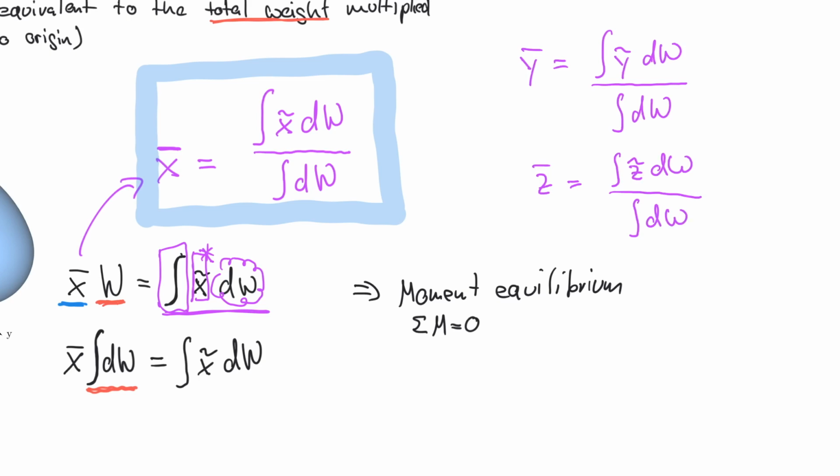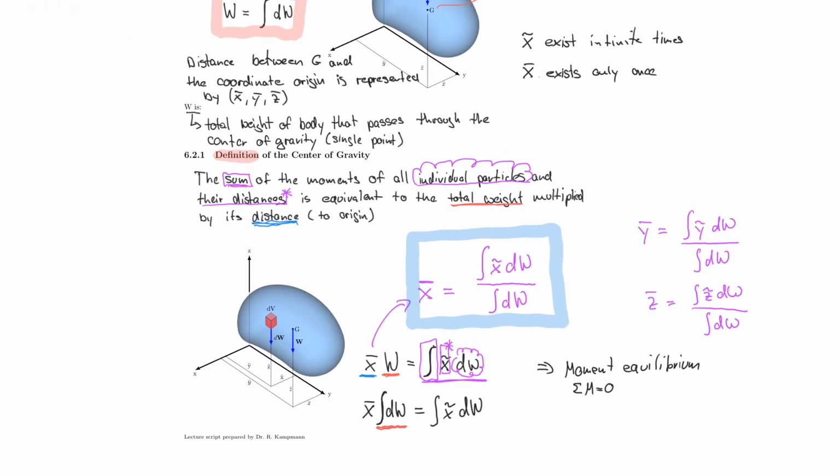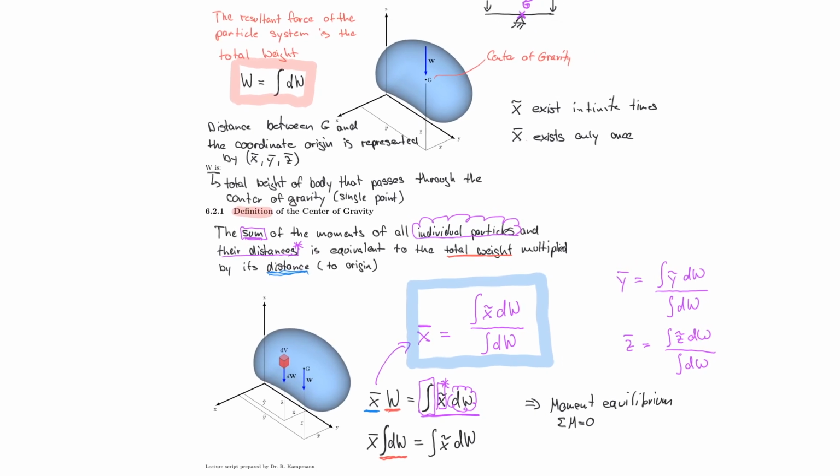That's the first clue that the form of this formula is so important, because it works in all directions. In just a second, I will show you that it also applies to the center of mass and the centroid and so on. But for now, we understand that this is the formula that we need to memorize, and we understand where it's coming from. So I derived this here from the top for you.